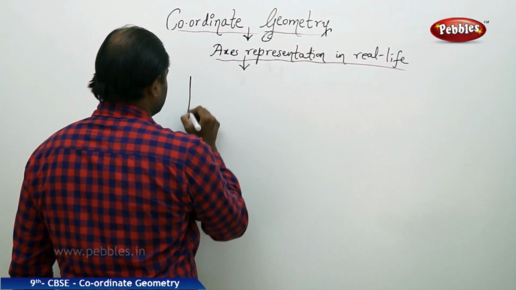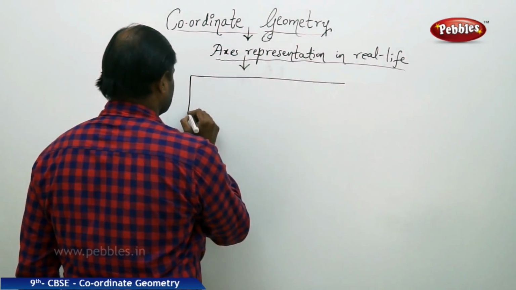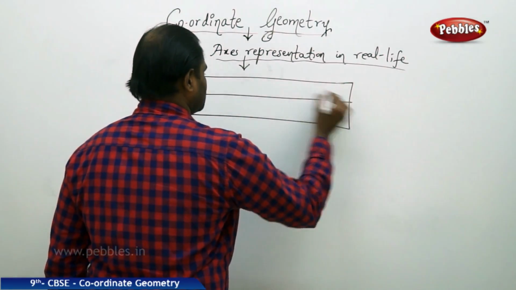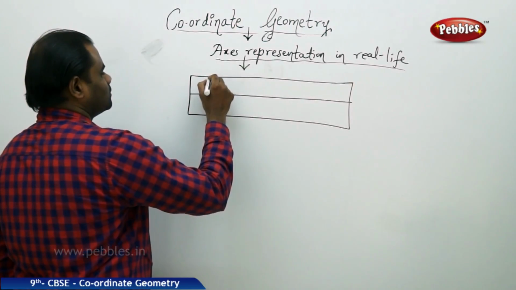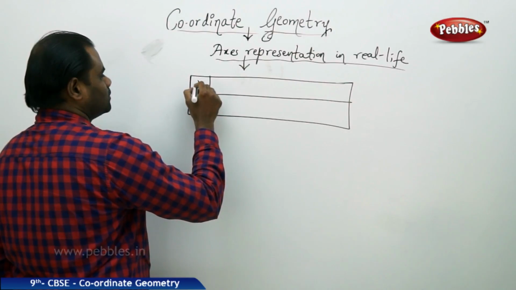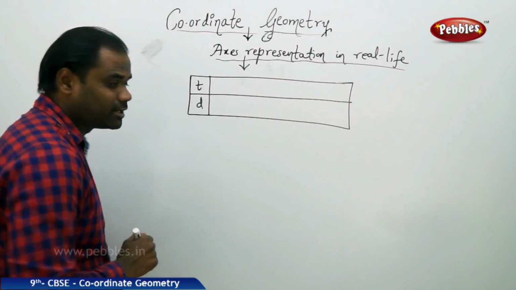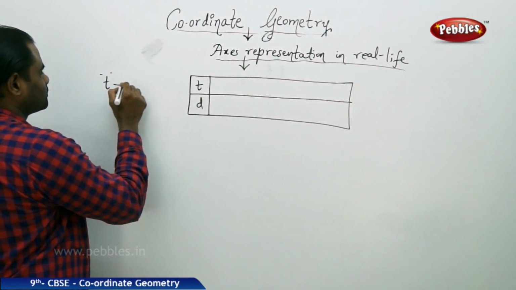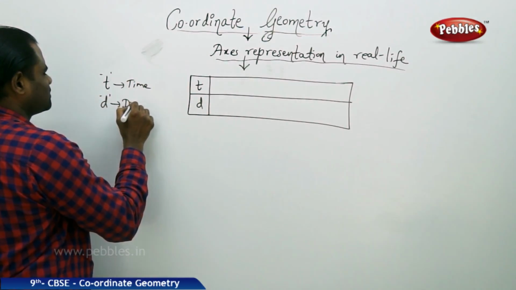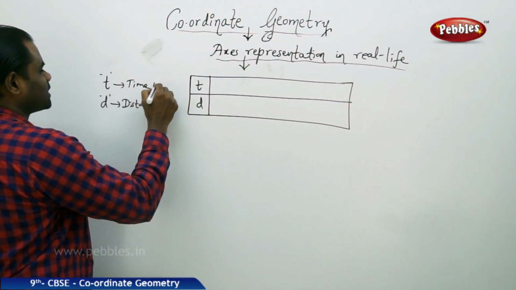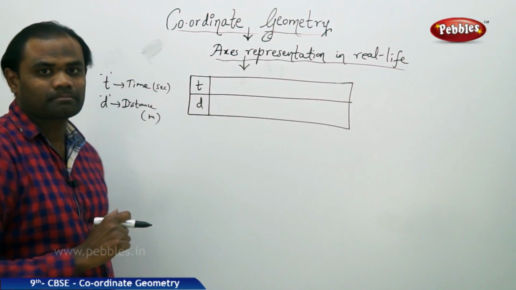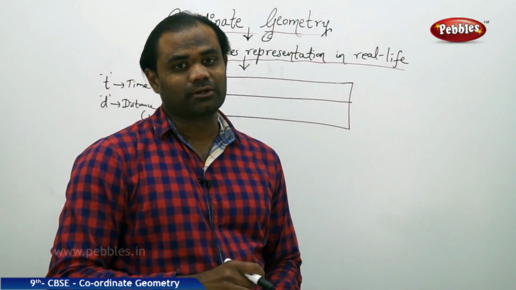For example, I have a table of time and distance, where t stands for time and d stands for distance, time in seconds and distance in meters, is how we try to connect.